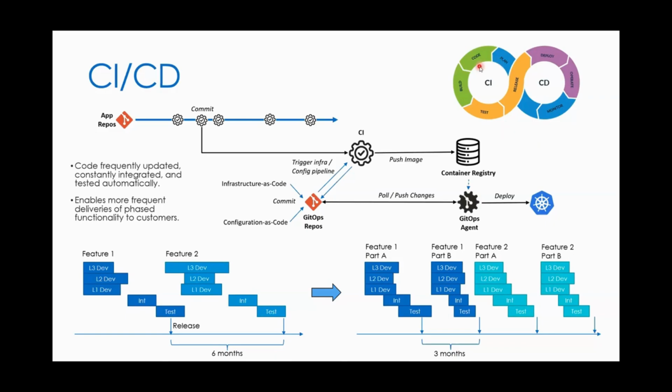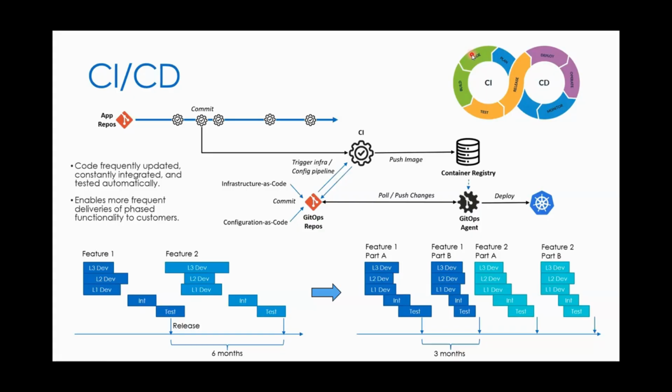The idea is that you code, you build, you test, you release that to the customer, they deploy it, they operate it, you see how it functions, you take that feedback, and you make adjustments. So it's that continuous cycle of develop, test, deploy, observe, round and round.